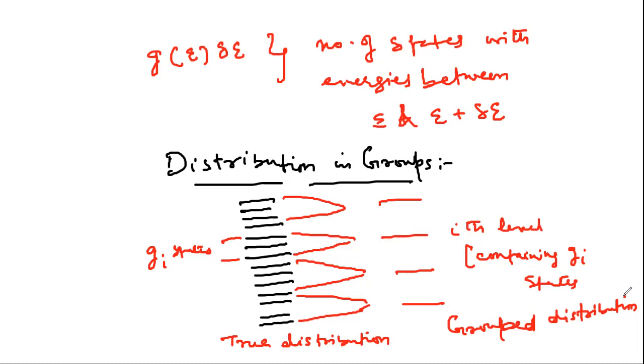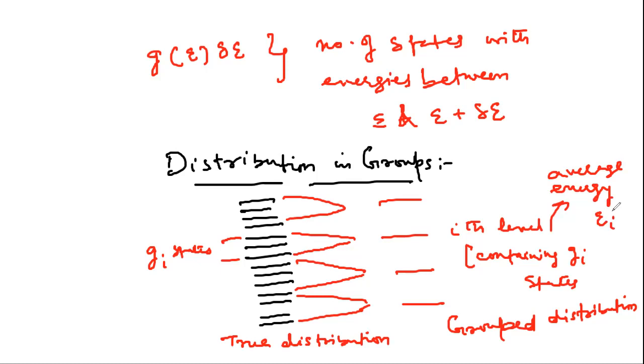When we take this ith level containing Gi states, it contains many states, but we take their average energy as epsilon i.